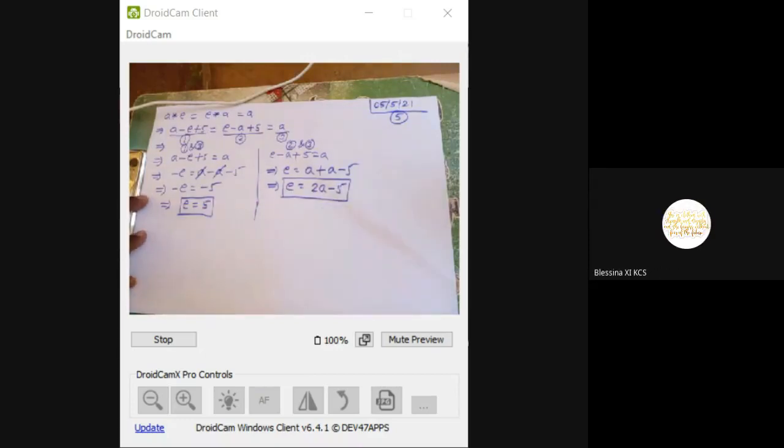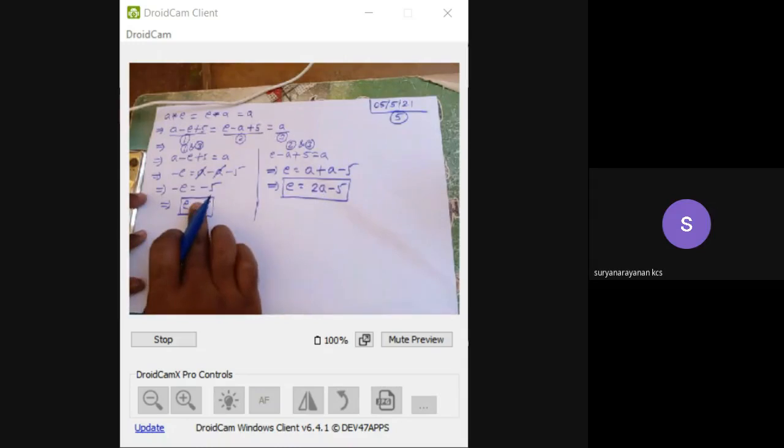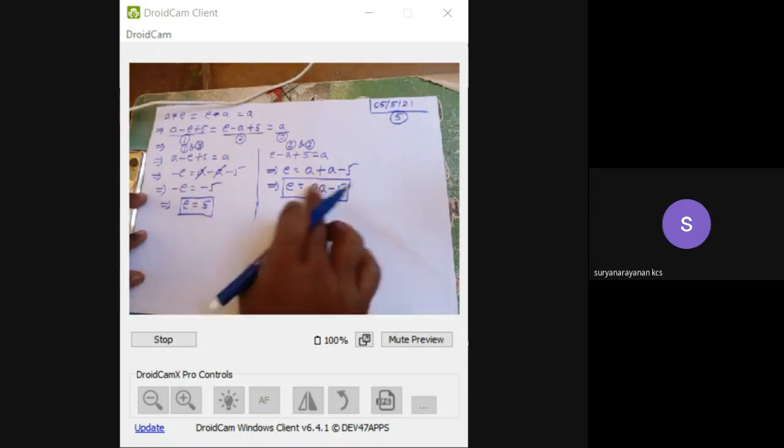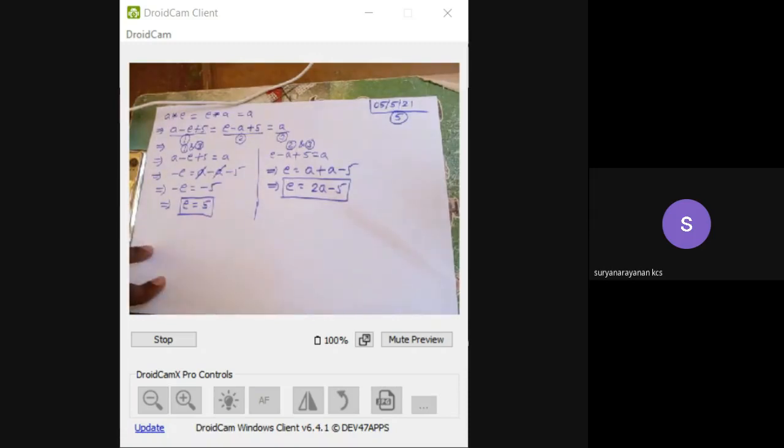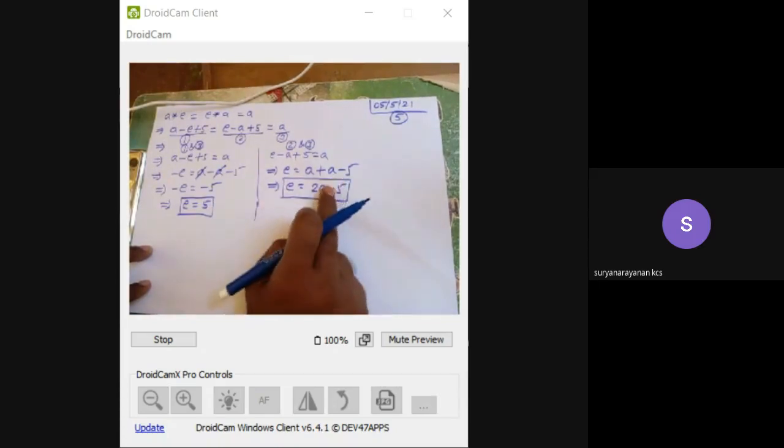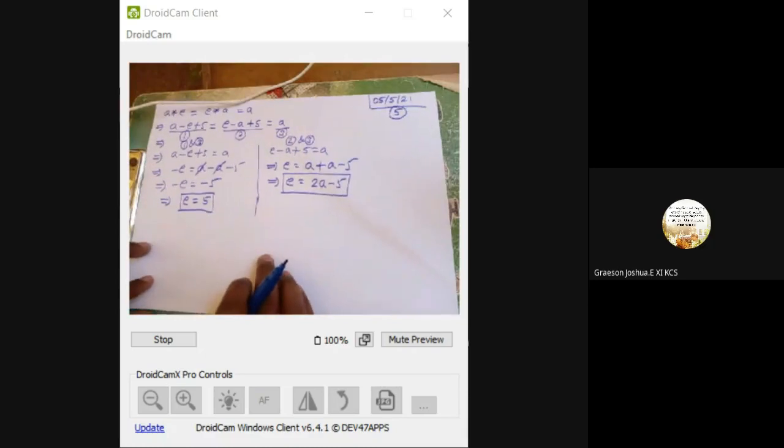In some questions, you get the same number. Then this number is said to be the identity element. Whereas here, we got different values. Here 5, and here 2A minus 5. Both are not equal. Yes or no? Yes, sir.